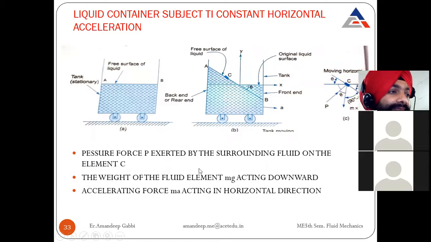Now third force, that is force acting due to acceleration of this particular element or this particular truck or tanker, that is ma, mass into acceleration. So there are three types of forces. First one is the pressure force acting from all sides by the fluid. Second is gravity force, and third one is acceleration force that is acting horizontally.